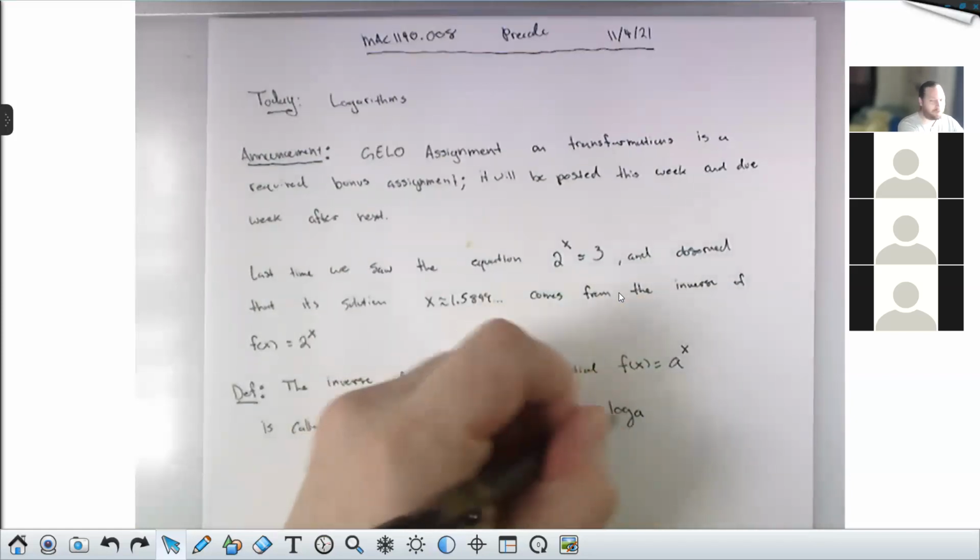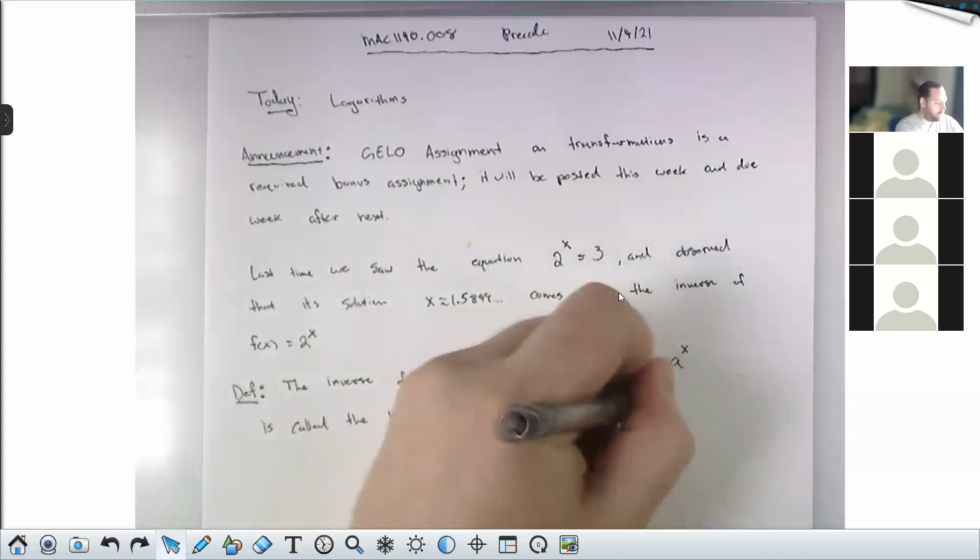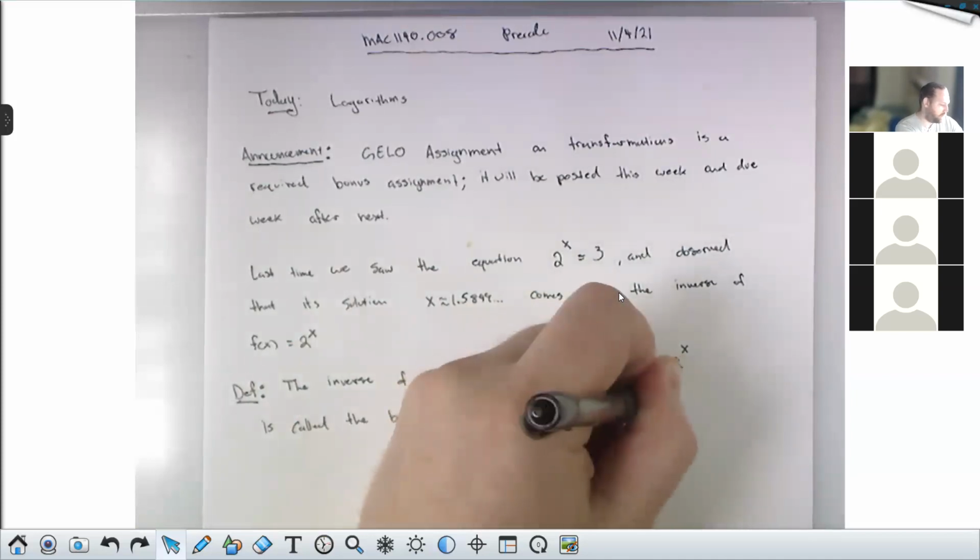So that is the name of the function. And then the input variable goes over here, x.